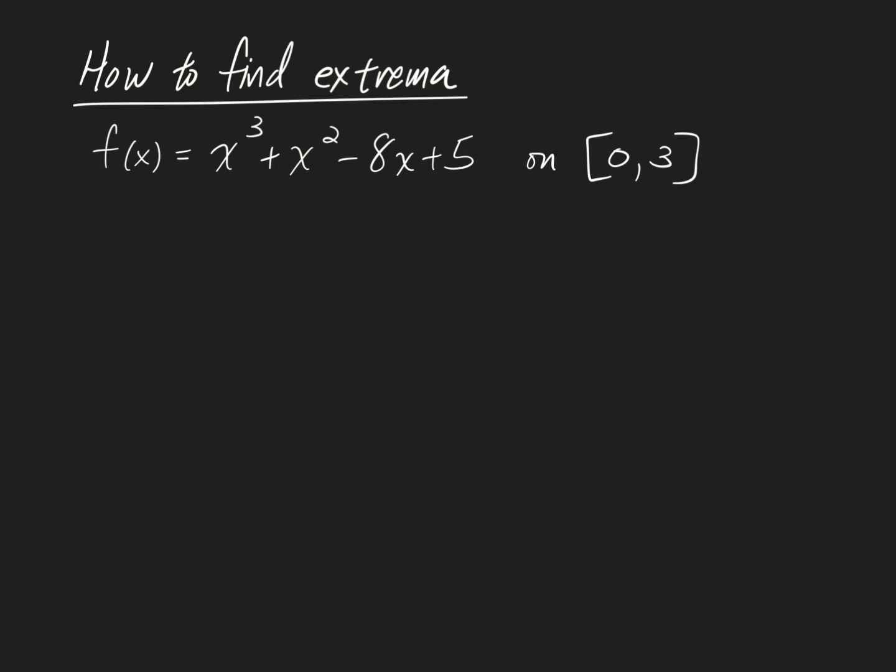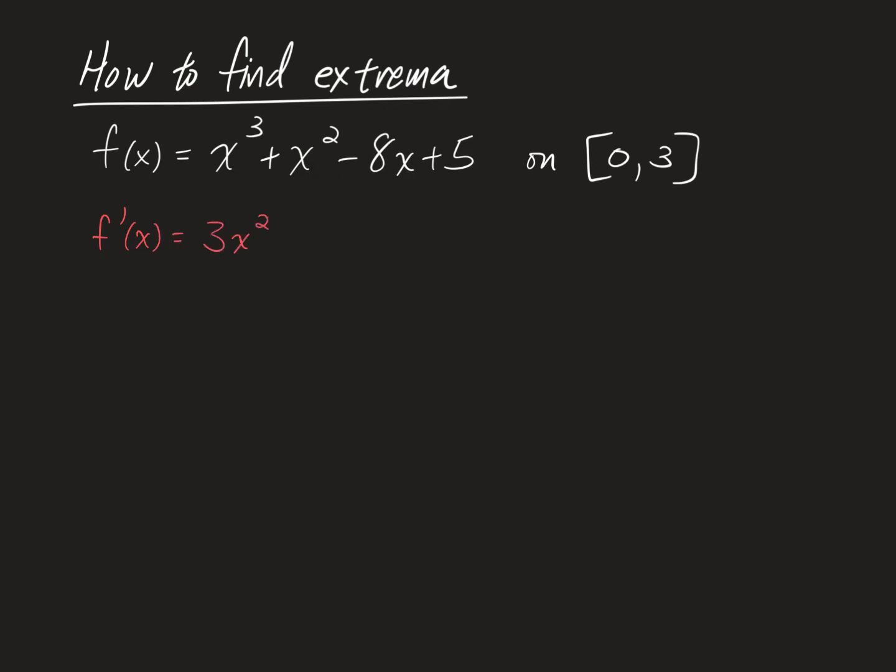All right, new function, new interval. Let's get to finding the extrema. And in fact, again, this will be the absolute extrema because we are doing it on a closed interval. All right, so the first thing we have to do is find the critical values, which will require us finding the derivative of this function.